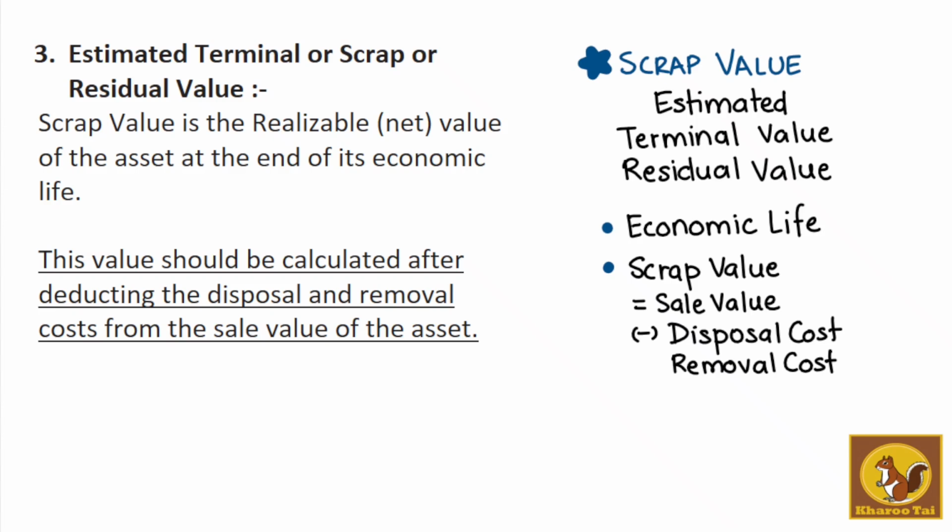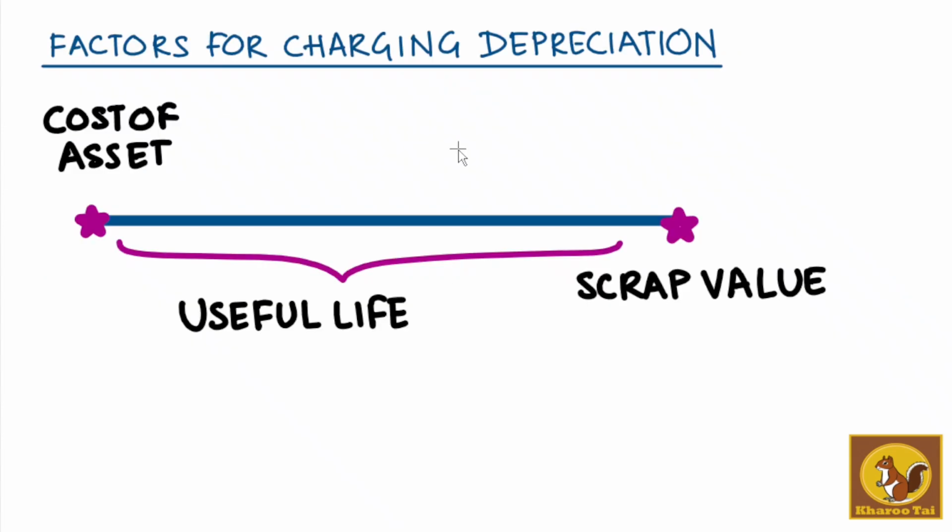So that might have some other cost, or just a normal fixed asset, but you have to transport it to the other person. So there can be any kind of other disposal cost or removal cost. So your sale value minus such cost will be your net realizable value. That value is your scrap value, residual value. We have to see the factors for charging depreciation.